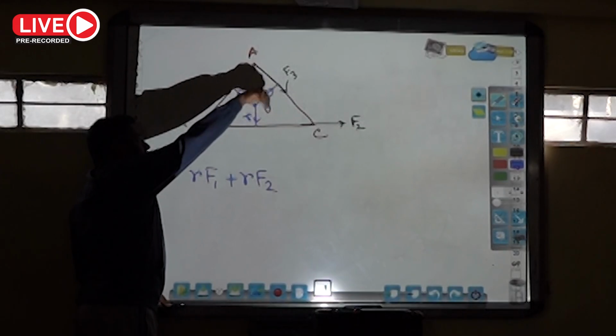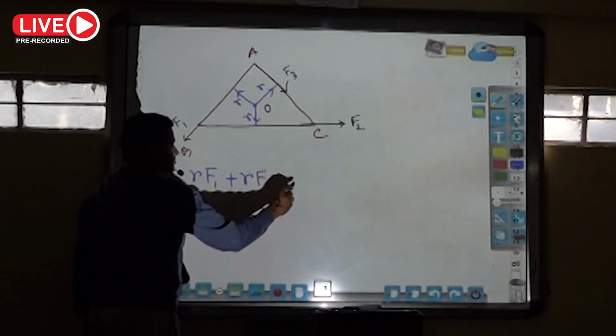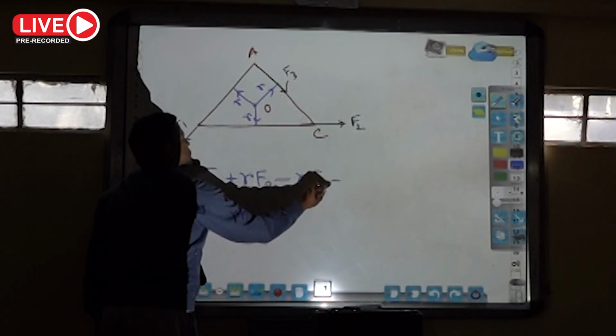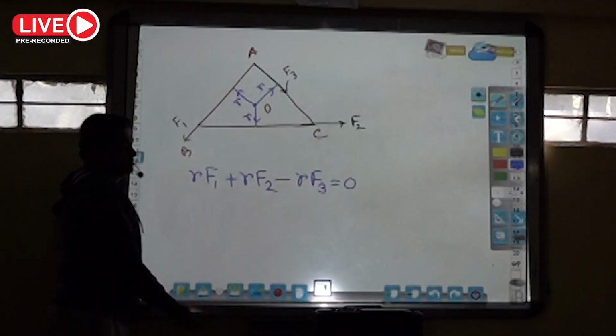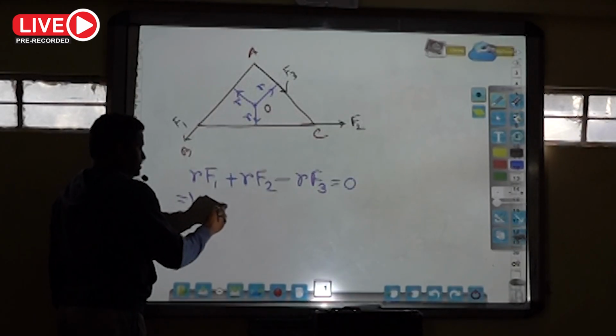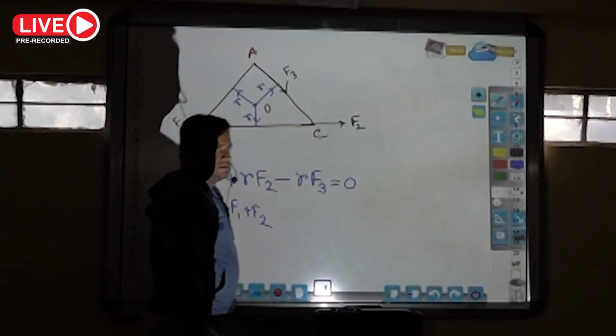Check, R cross F3. Its rotation is clockwise, so torque is negative, and the sum of the torque is zero. Then what is the F3? F1 plus F2.